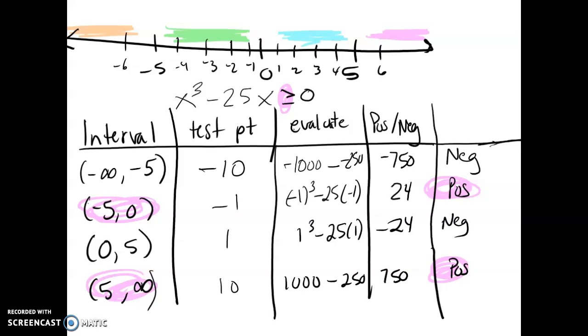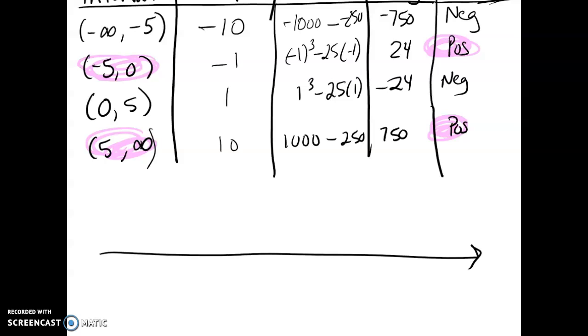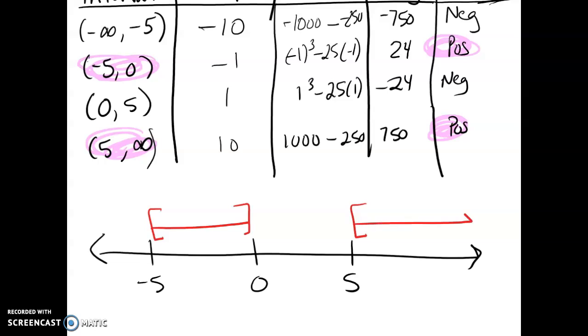So if I was drawing this on a number line, then my answer would look like this. And I would say negative 5 to 0, and then 5 to infinity.